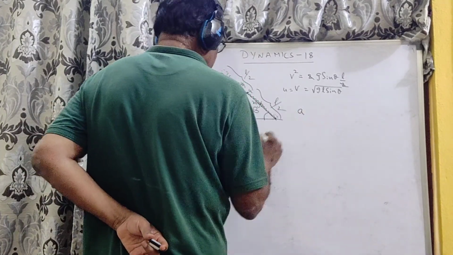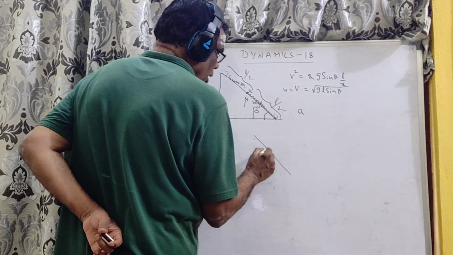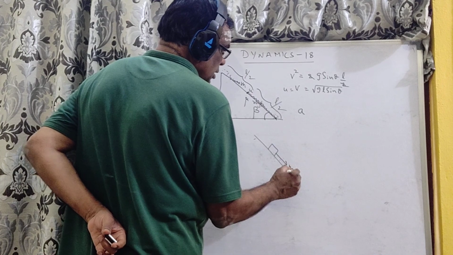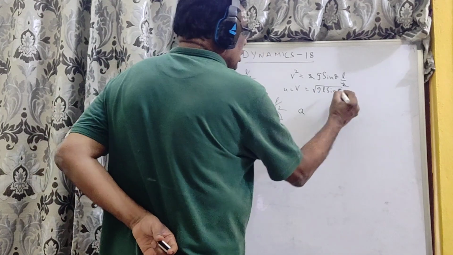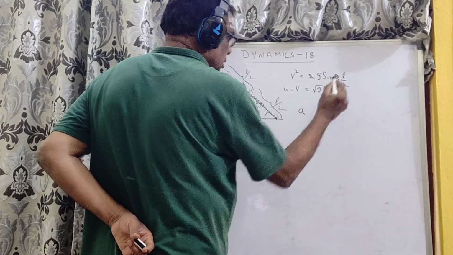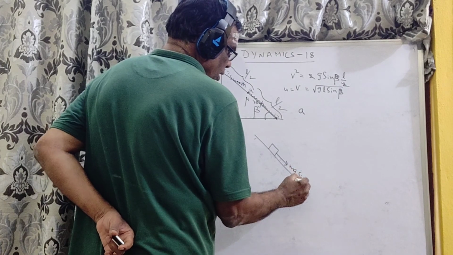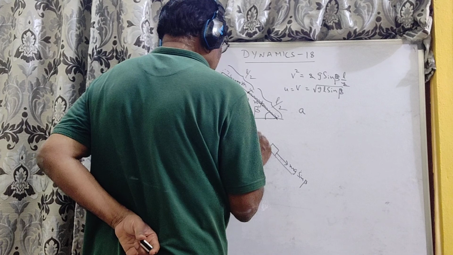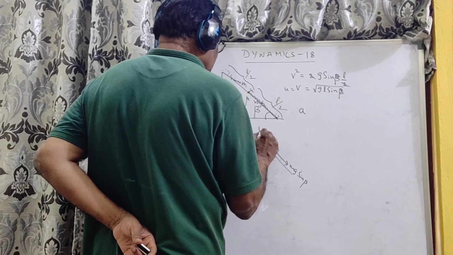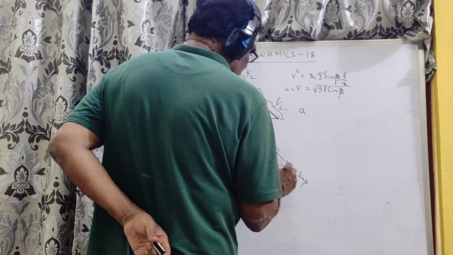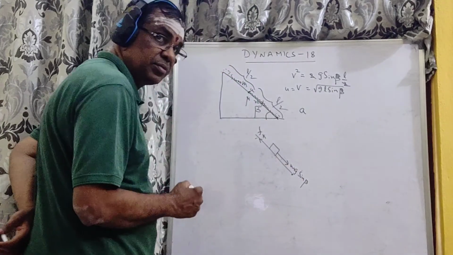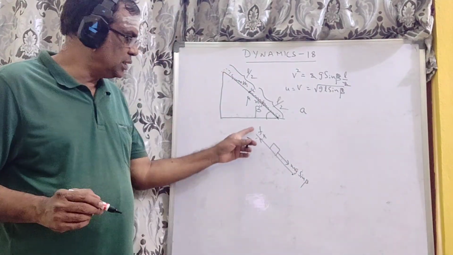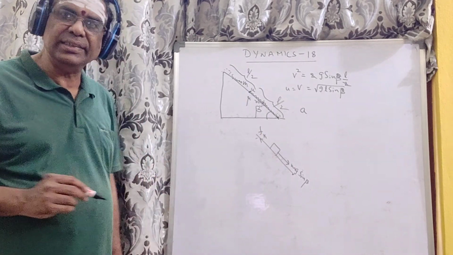Therefore, I'll put it here for you. This is mg, sorry, beta, this is beta. Mg sine beta, and this is fk. And it is retarding. That means what? This is more and this is less.